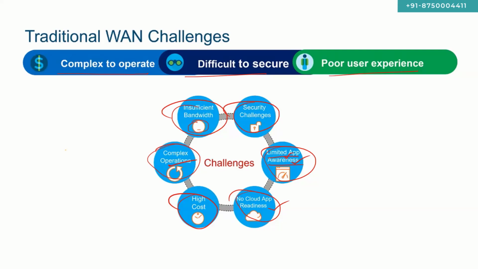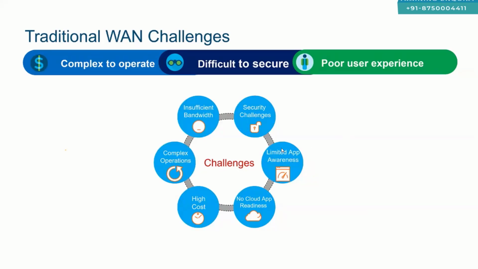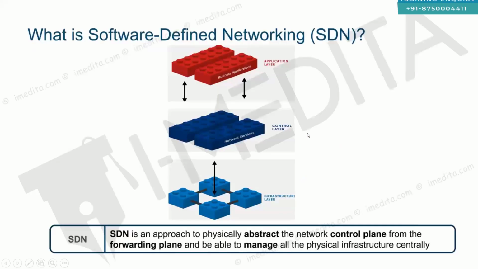Sometimes in your area, even the provider would not be able to increase your bandwidth. Let's say in your office you want a connection of 1 Gbps, and no provider has that capacity in that area, then how can they allocate you 1 Gbps of bandwidth? So that can also be another problem.